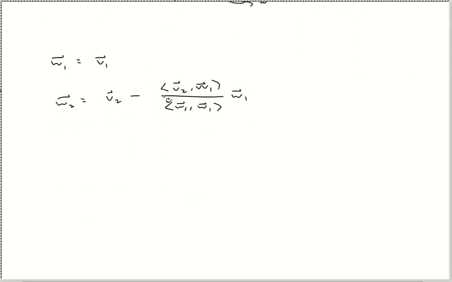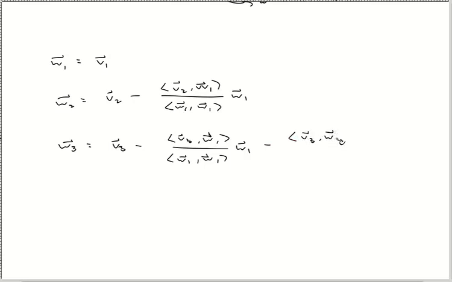But there are two v2s right there. w3 is equal to v3 minus ⟨v3, w1⟩ divided by ⟨w1, w1⟩ times w1, minus ⟨v3, w2⟩ divided by ⟨w2, w2⟩ times w2, and it'll keep going as long as you need to. Obviously, it'll get much more complicated as you keep going.